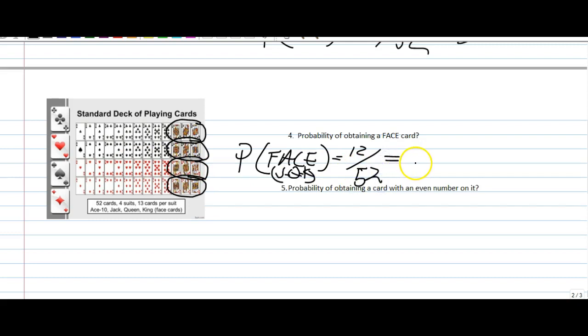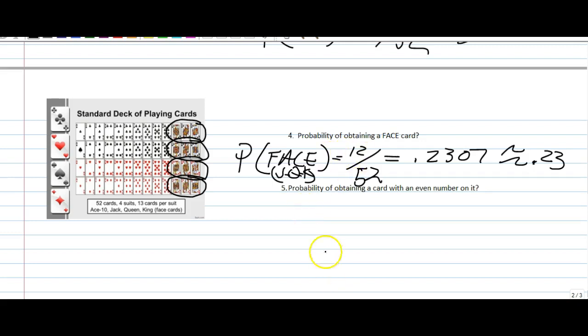And of course, if I divide 12 by 52, then that gives me approximately 0.2307, or round it off to the nearest hundredth, that would be 0.23. Again, remember, probability is always a fraction or a decimal between 0 and 1.